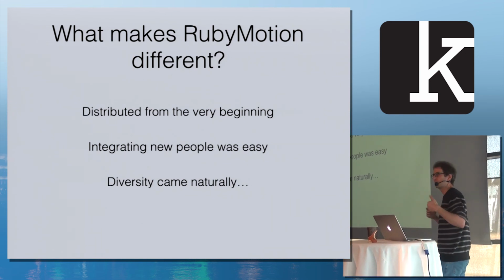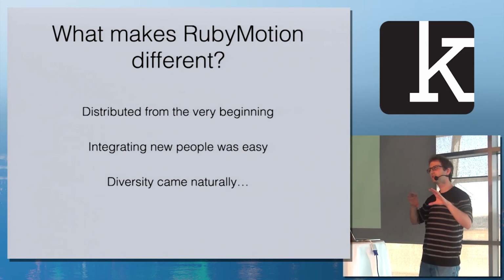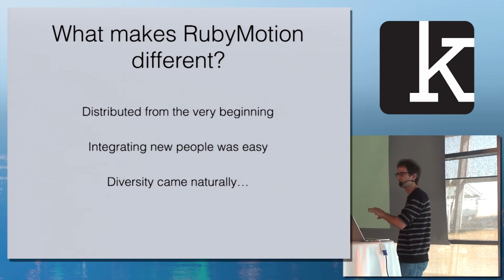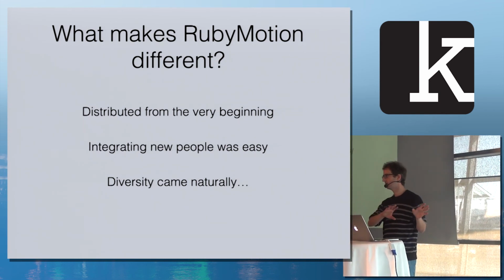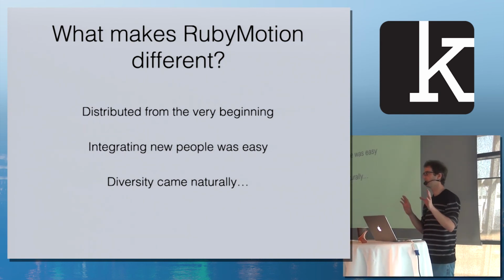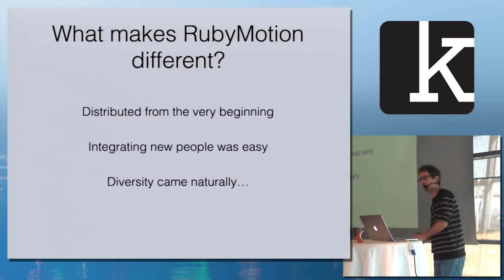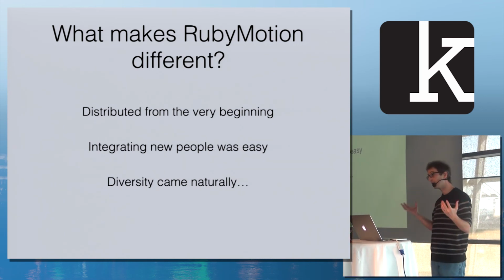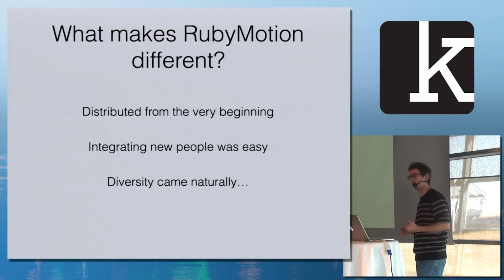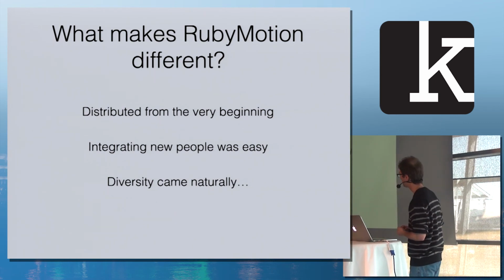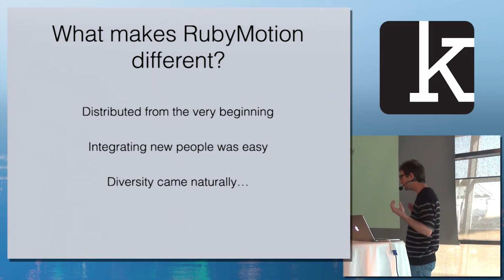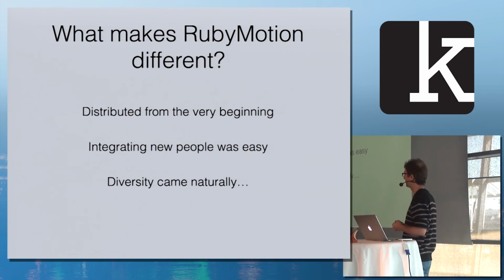And in retrospect, we did this because of necessity. Apple wasn't going to necessarily hire all these people, but one person alone wasn't going to be able to do this on his own. We wanted it to be open source, so we wanted to be able to have contributions from the community. So we didn't really even think twice about making this a distributed project.